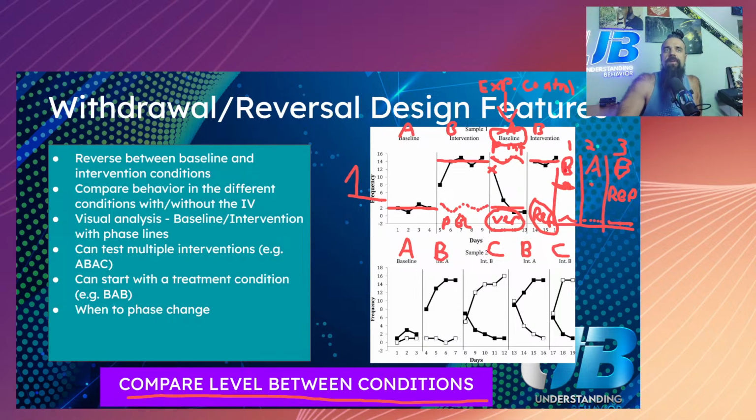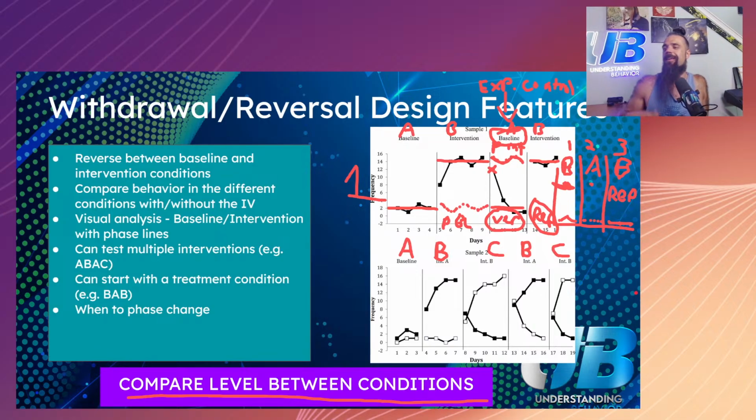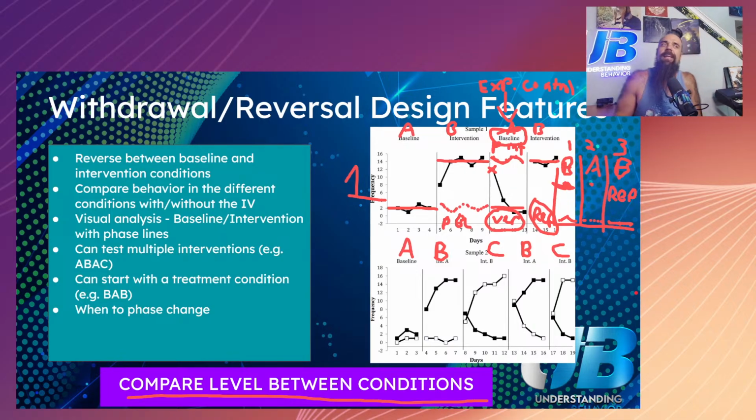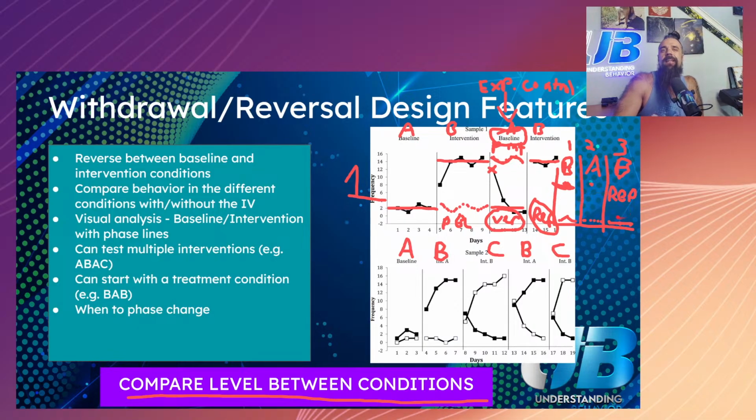We could do so with replication because we're proving that our prediction about the treatment condition is accurate. So either works for experimental control. Verification is when we repeat a baseline, replication is when we repeat an intervention condition, but either works to show experimental control.